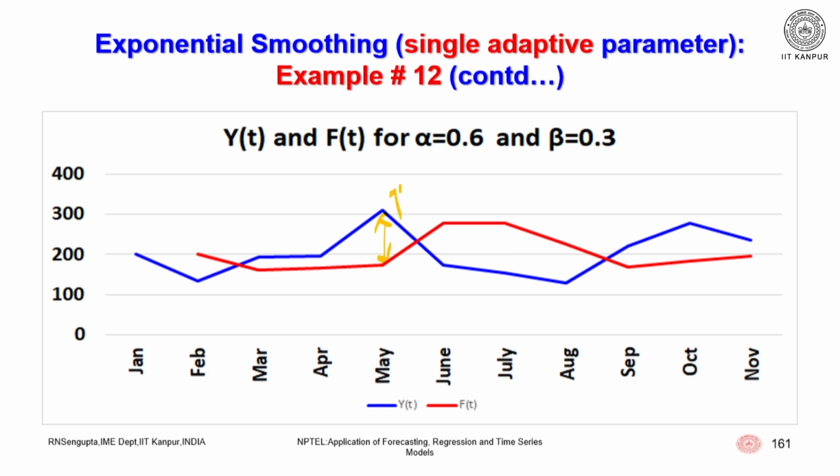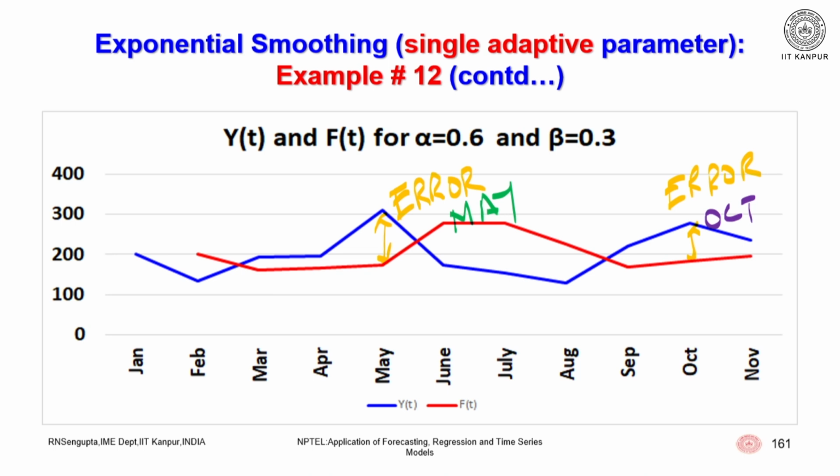Error for May, error for October. This is for May as being noted down. This is for October as being noted down, again a different coloring scheme to mark.